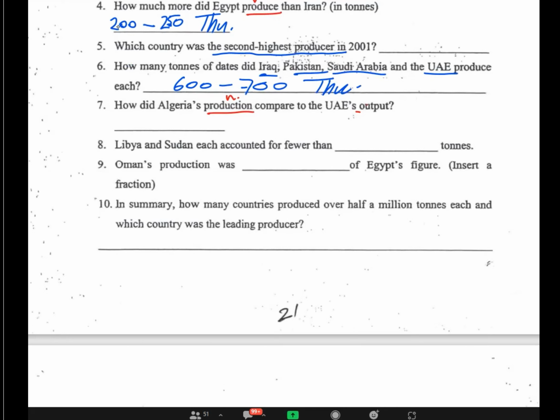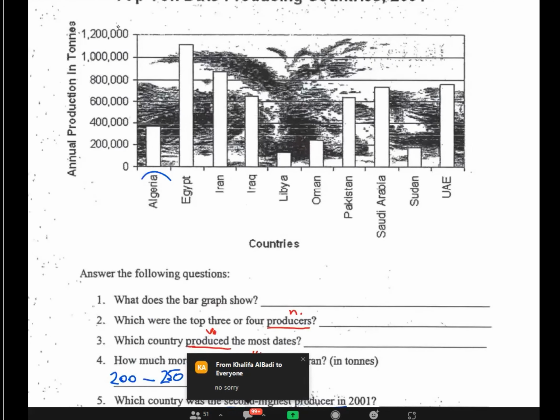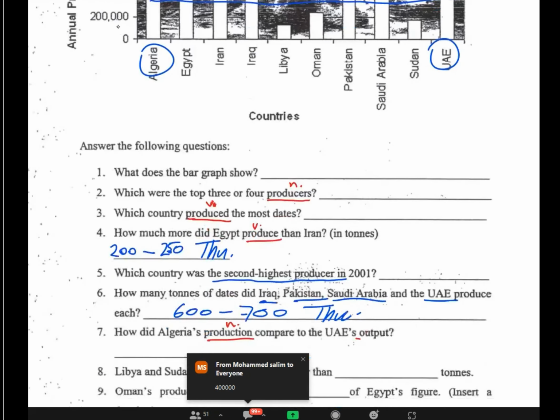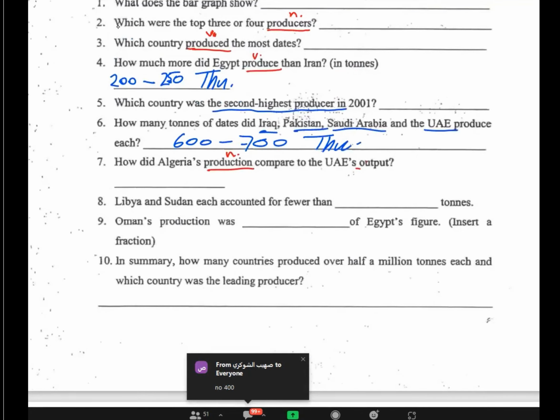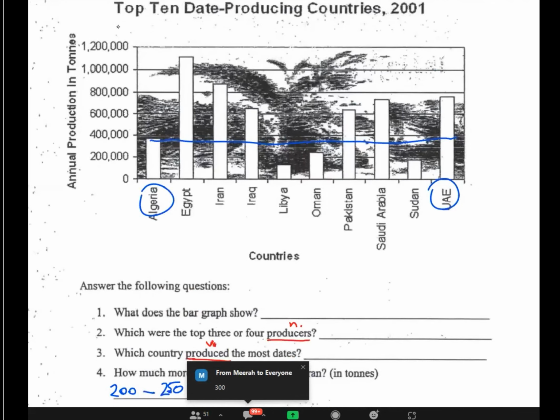What's the difference? How many tons? If you look at Algeria and UAE, the difference is about 400,000, right?